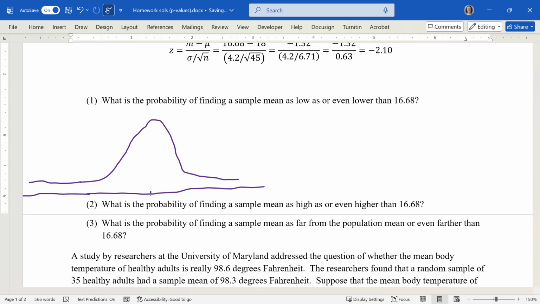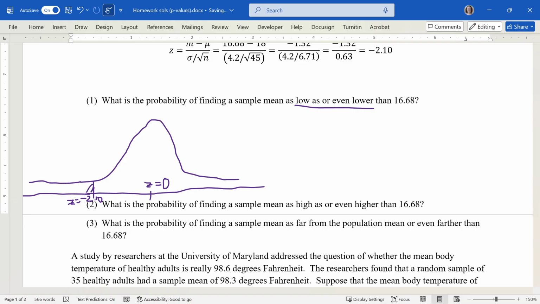Okay, so the mean is in the middle here, which is z equals 0. The z-score for the mean is always 0. Okay, and then our z is negative 2.10, which is over here somewhere. I'm sort of running over the next problem. Negative 2.10. All right, and then we are looking for the probability of a sample mean as low as or lower.